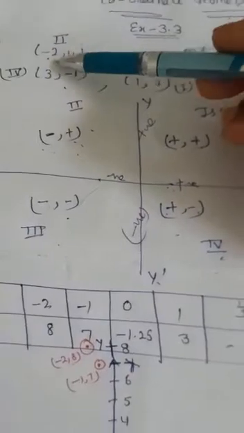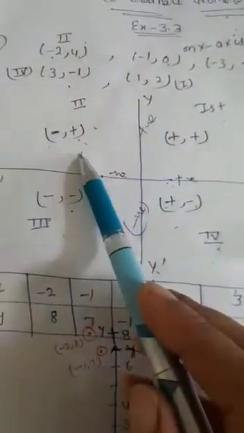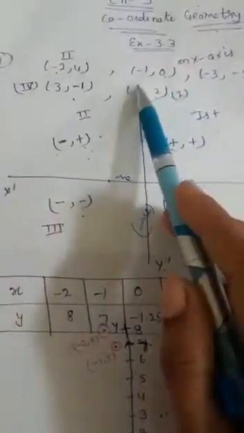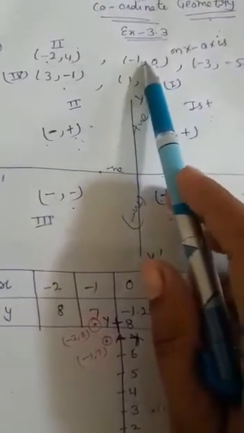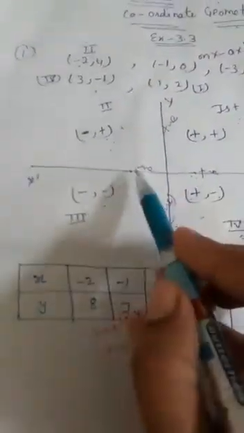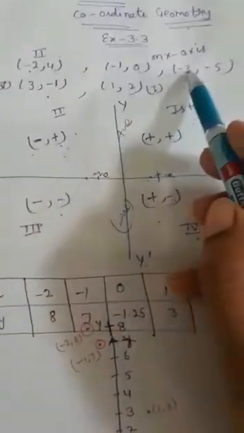As the first point, x is negative and y is positive. So x negative, y positive, that is second quadrant. Okay. Second point, x is given, y is 0. If y is 0, it means that point will lie on the x-axis. Here -1 will be here on the x-axis, so this point will lie on the x-axis.